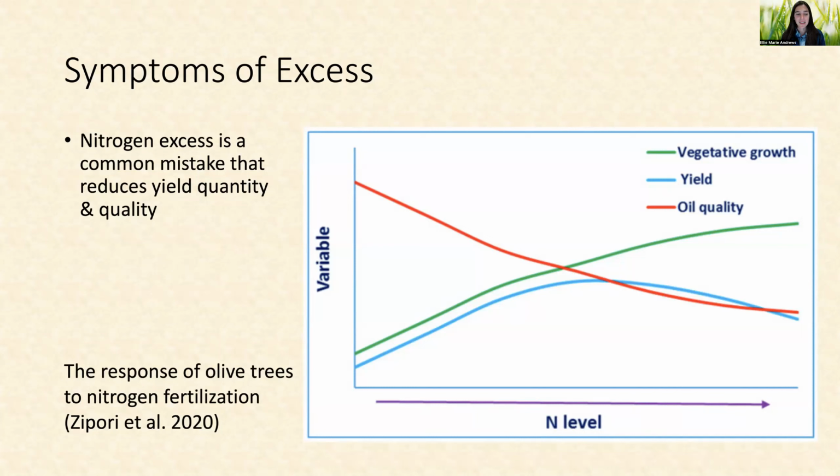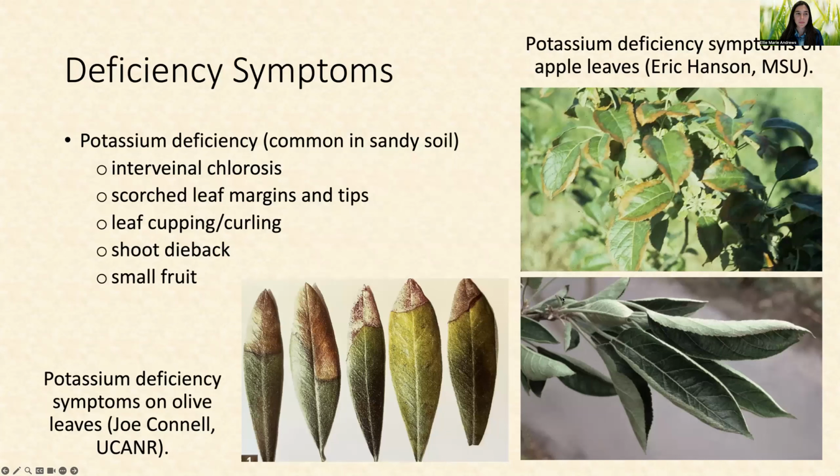And this is a nice example with olive trees where we've got nitrogen level on the x-axis, and we basically see that yield increases to a point, but then kind of plateaus and goes down with more nitrogen. So again, there's that sweet spot in the middle where you do have enough nitrogen for the olive tree in this case to function, produce good yield, good quality, but too much does cause problems.